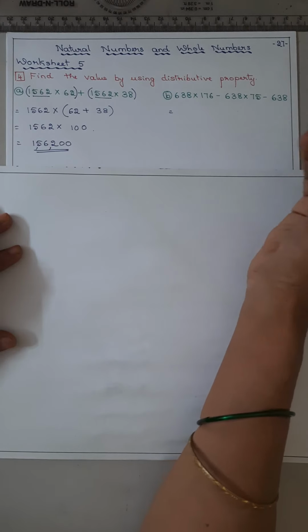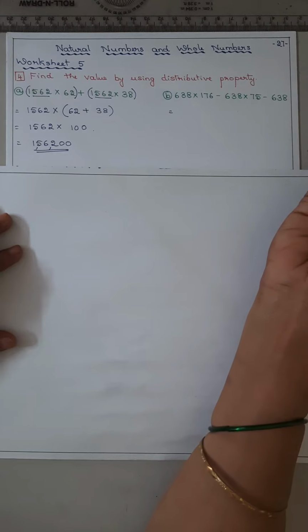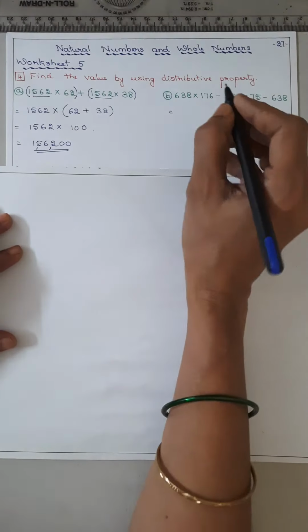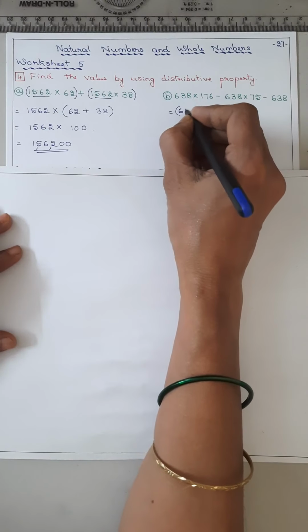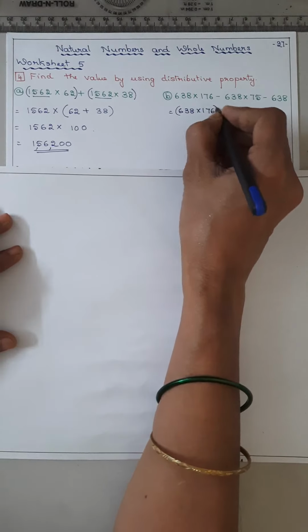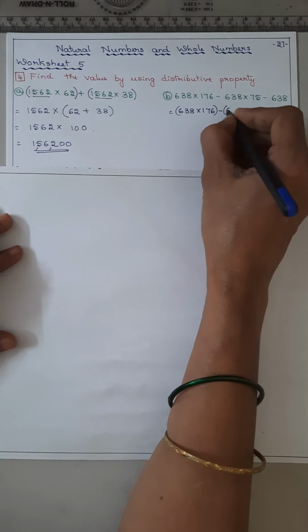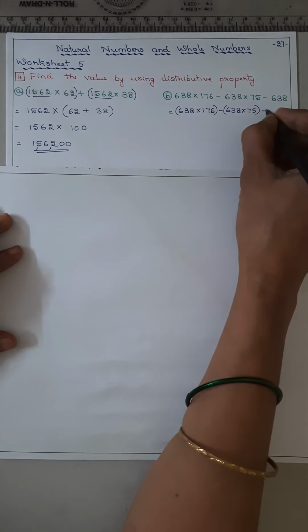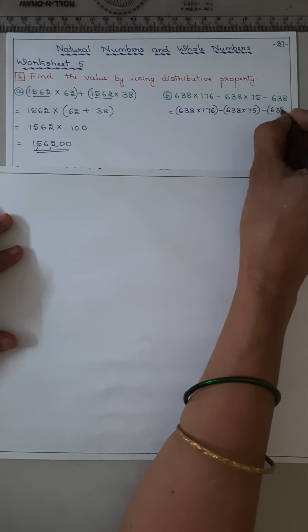Whenever into something is not given, that means it is into 1. So first write that by putting the bracket. 638 into 176 minus 638 into 75 minus 638 into 1.